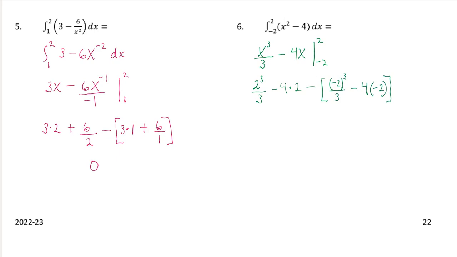And let's see here. I'll leave the addition to you guys, but this turns out to be 16/3 over here. And then minus 16 inside here, I believe. Does that sound right? Actually, let's see, you get minus 8 and minus 8.